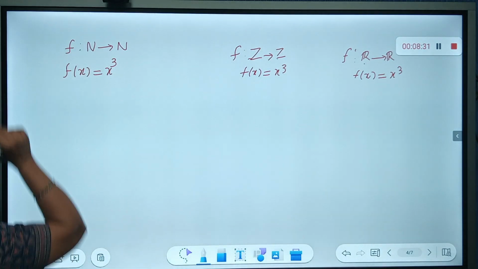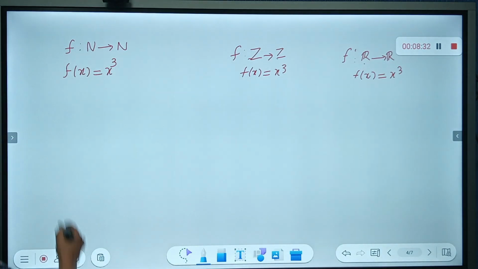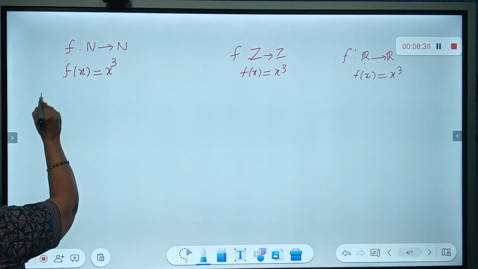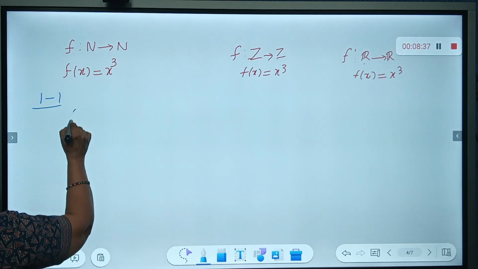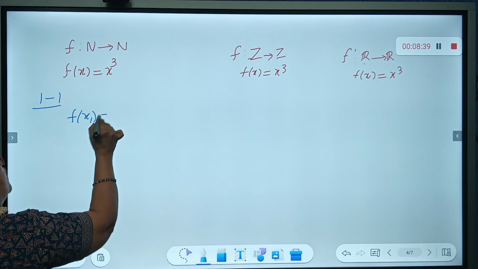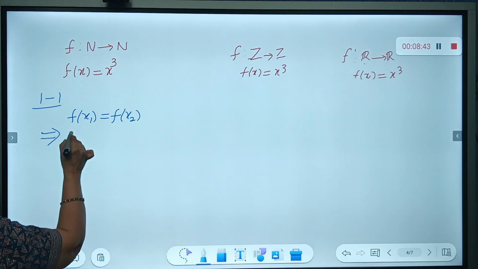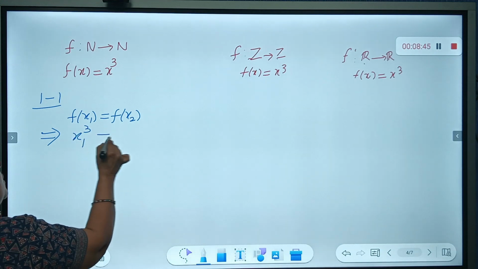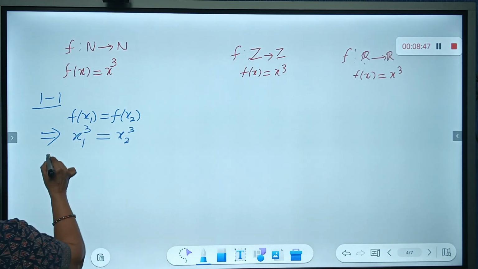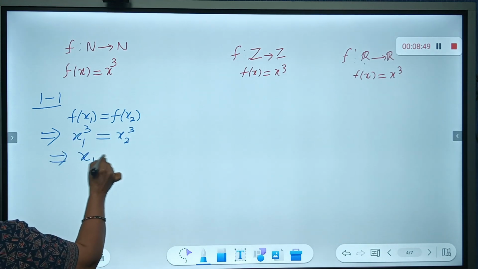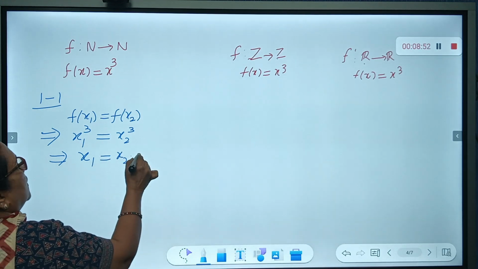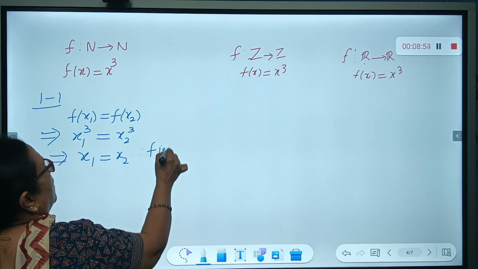Now, let me start from n to n. First let me verify 1 to 1. f of x1 equal to f of x2 implies x1 cube equal to x2 cube, which implies x1 equal to x2. Therefore, f is 1 to 1.